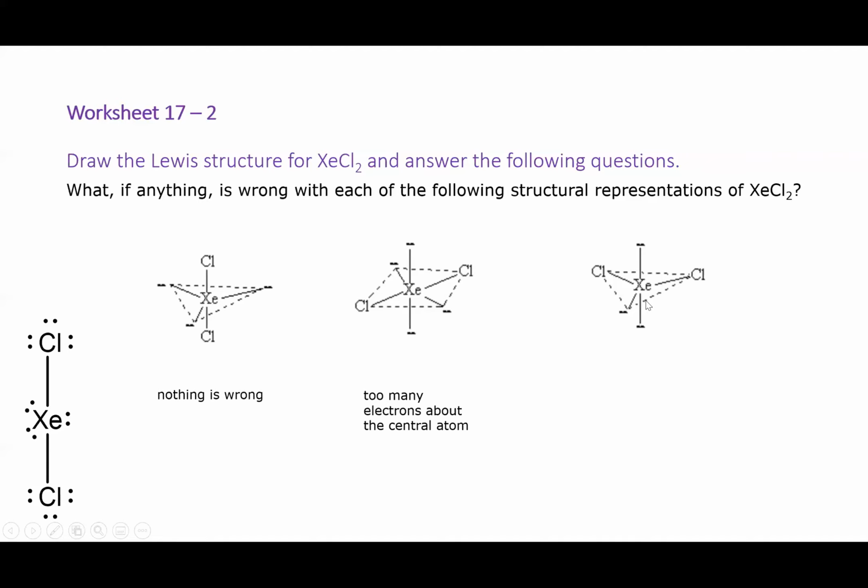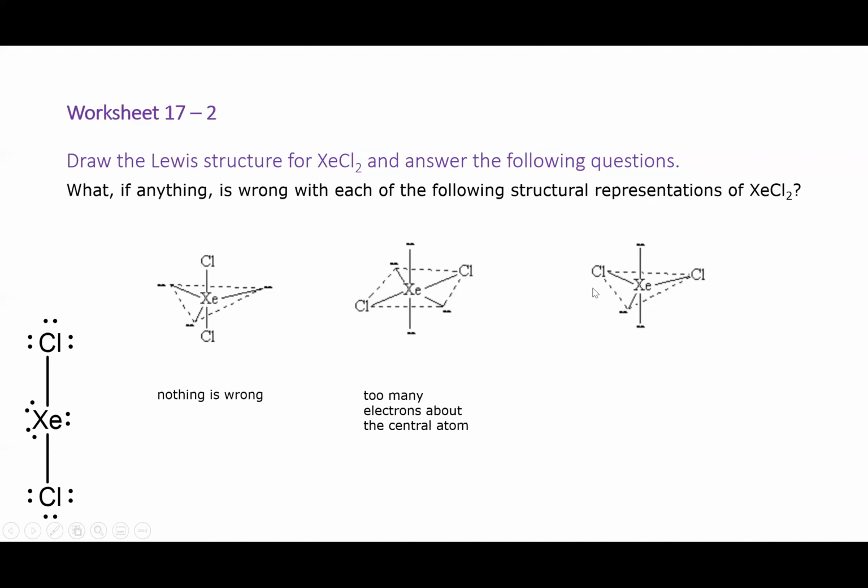So finally, let's take a look at the structure on the right. So xenon is bonded to 2 chlorines, which are both in the equatorial positions, but they are about 120 degrees away from each other. And we have 2 lone pairs that are in the axial position that are 180 degrees away from each other. So according to VSEPR, we want to maximize the electron densities' distance as best as we can. However, what would take priority would be the chlorine atoms.